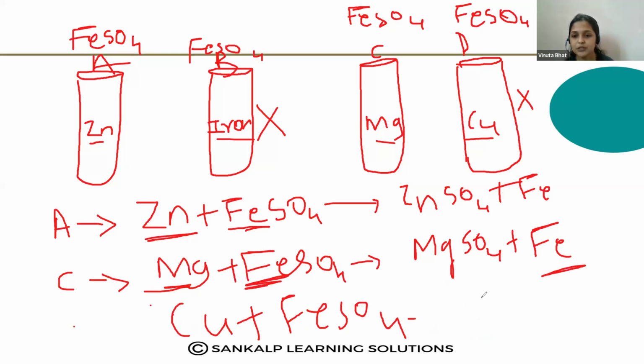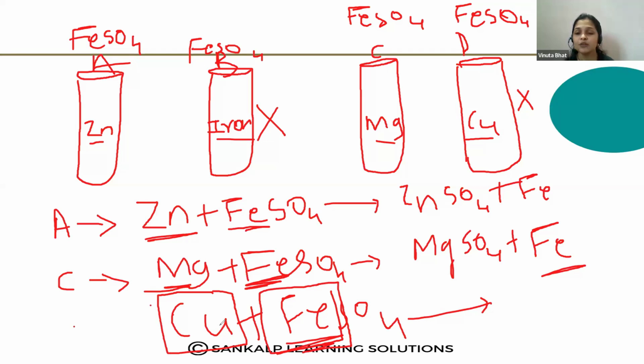The reaction is not possible because copper has less reactivity than iron, so it is not able to displace the iron from the iron sulfate solution. Because of this, in test tube D, the reaction will not take place.